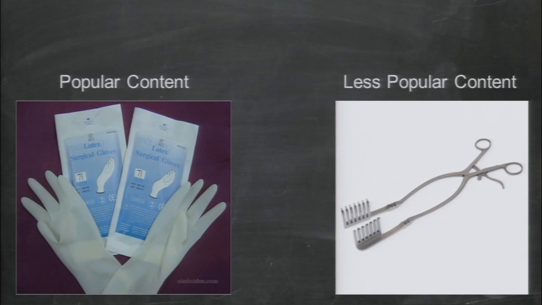If I was running a large medical supply place, I could imagine that surgical gloves are sold quite frequently, and my Beckman-Eaton laminectomy retractor, if I had to learn how to use it, I was going to use that picture more than once, would be less popular and probably would be a good image to store in S3 versus the more popular content.